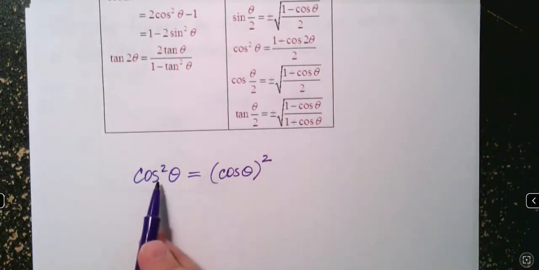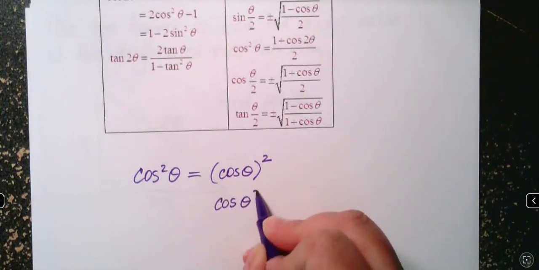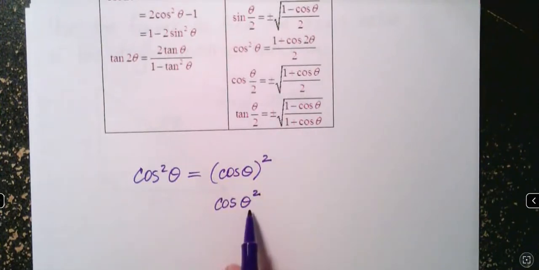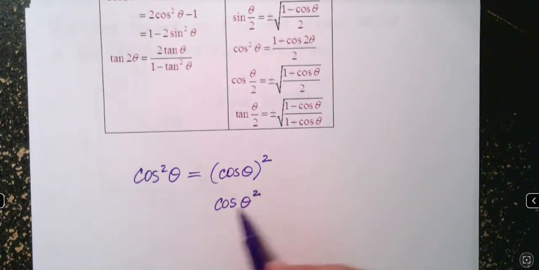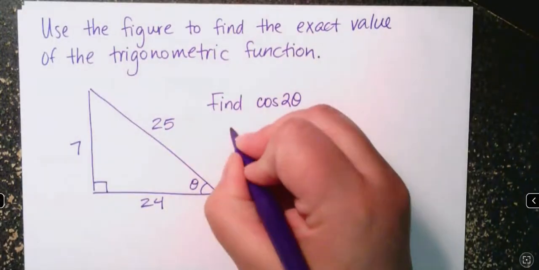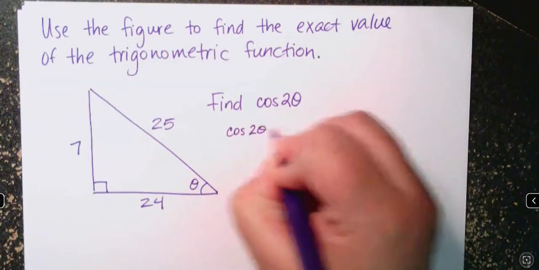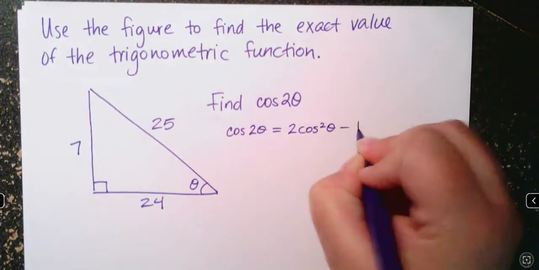The reason we write it this way is because if you were to write the squared at the end, it would look like you're just squaring the angle. So this just means the whole expression cosine of theta squared. Okay, so we're going to do 2 cosine squared theta minus 1. So cosine of 2 theta equals 2 cosine squared of theta minus 1.